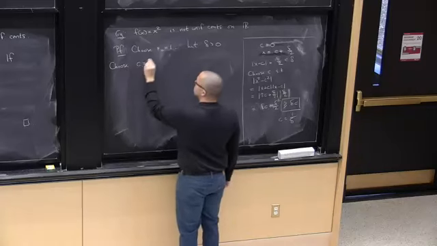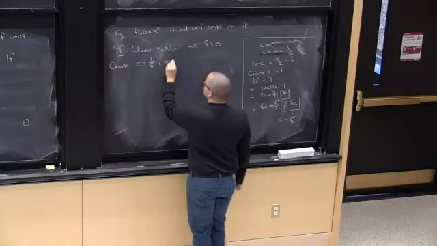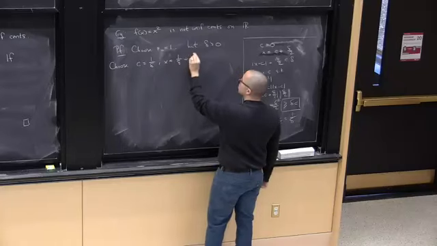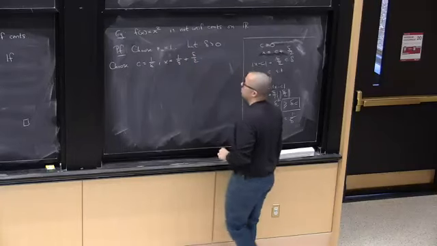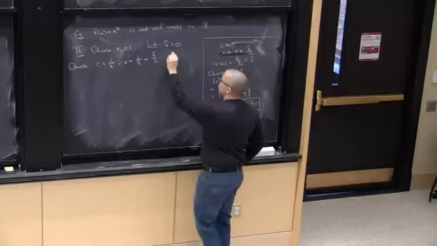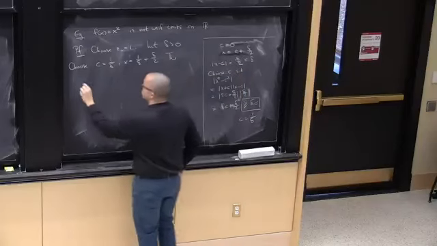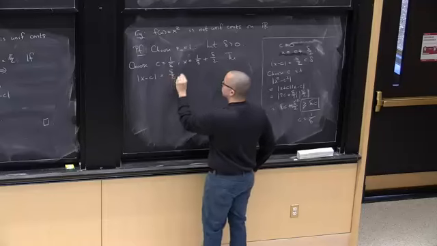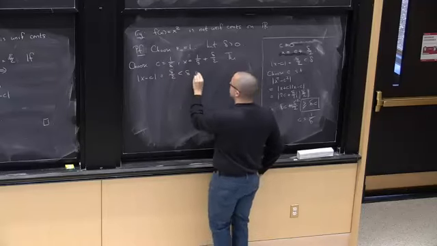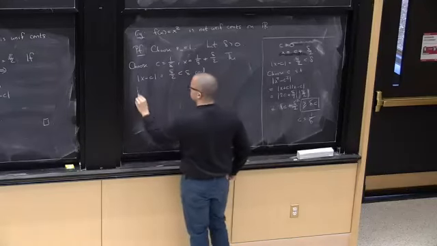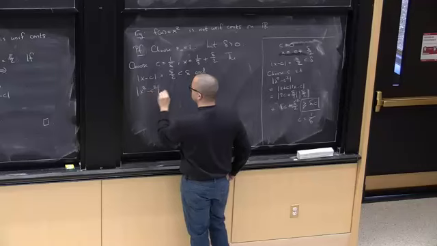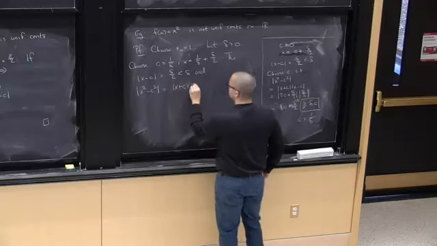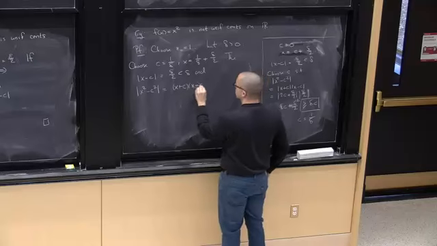Choose C to be 1 over delta, X to be 1 over delta plus delta over 2. Then these two values are close: X minus C equals delta over 2, which is less than delta. And x squared minus c squared equals x plus c times x minus c.